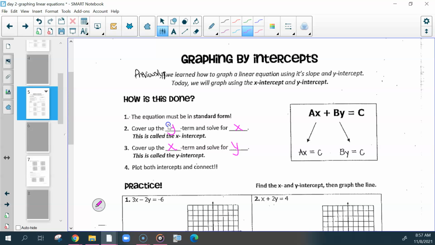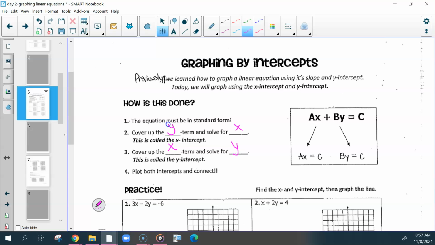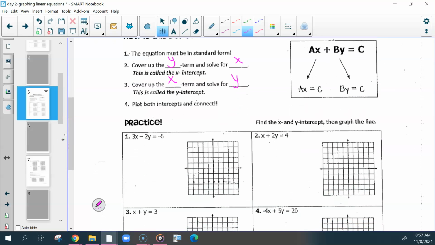So if I put 0 in for y, this becomes 0. So it's like this entire term disappears, which is why I can set ax equal to c. Same thing for the other one. If I put 0 in for x, this entire thing becomes 0, and it's like it disappears, which is why I can set by equal to c. So think that in your mind, that's what we're still doing, putting 0 in for x or y, solving for the other part, but we're not actually doing that.